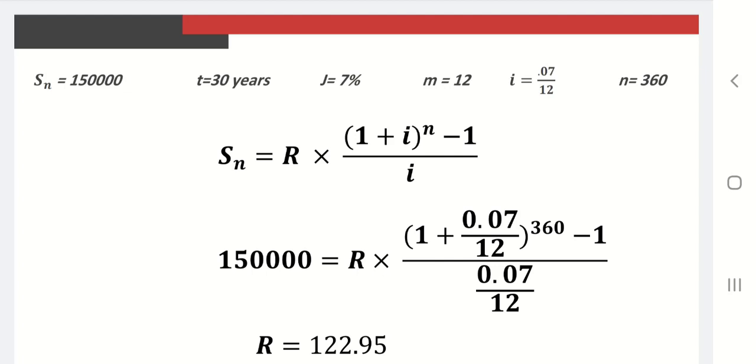In a formula of S sub n equal R times 1 plus I to power n minus 1 over I, we can get 1 plus I to power n minus 1 over I, then we divide $150,000 over 1 plus I to power n minus 1 over I to get R, which is equal 122.95.